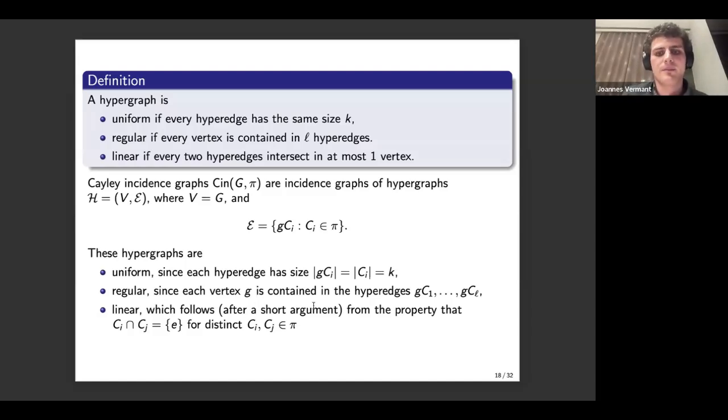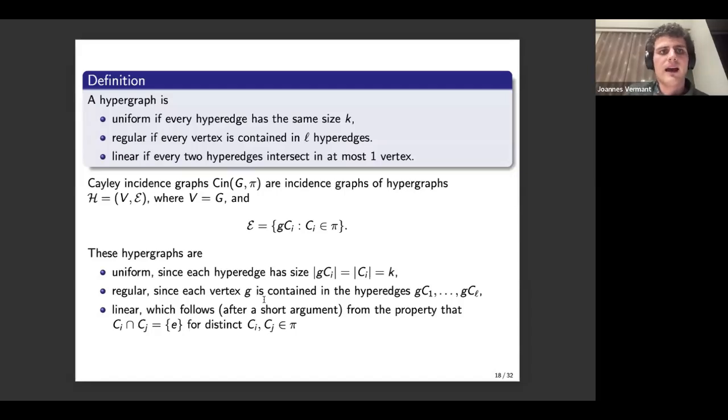This follows from the property that the intersection of two distinct cells in the collection pi is equal to the identity. It doesn't follow immediately, but after a short argument combined with this property, it follows.